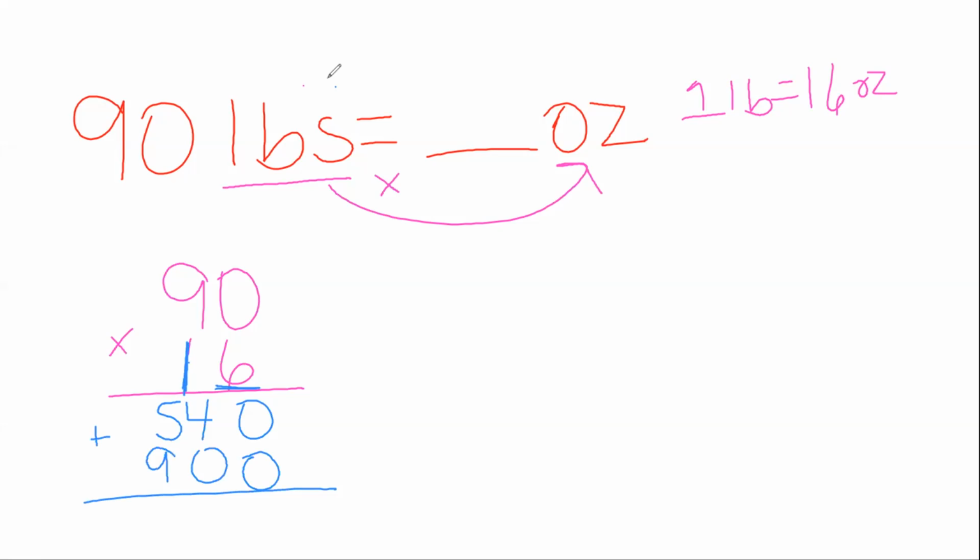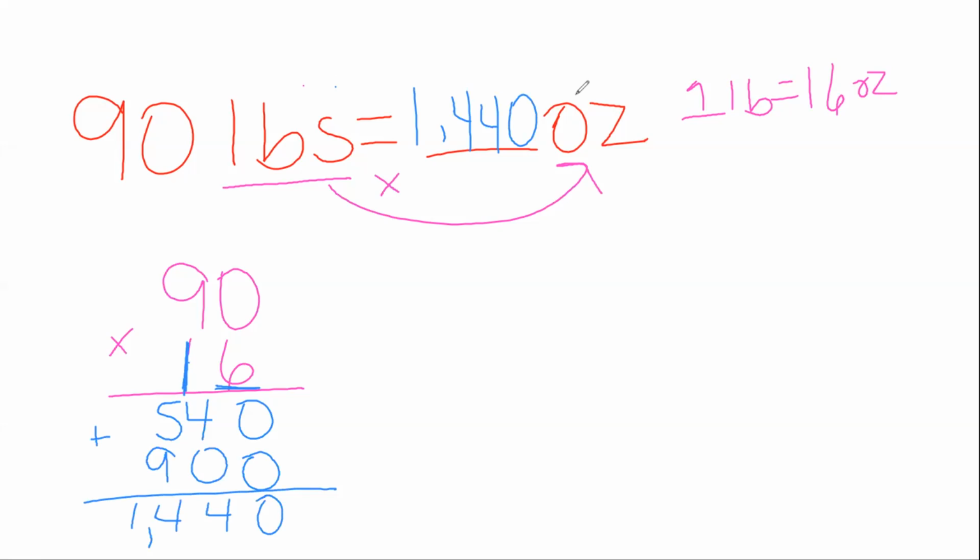Now I'm going to add these numbers together, and again I don't have to regroup this 14 because there are no other place values to go. So in 90 pounds, there are 1,440 ounces.